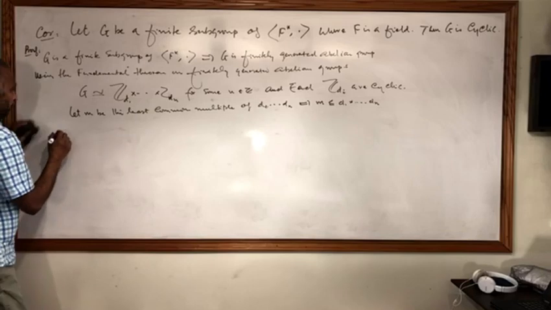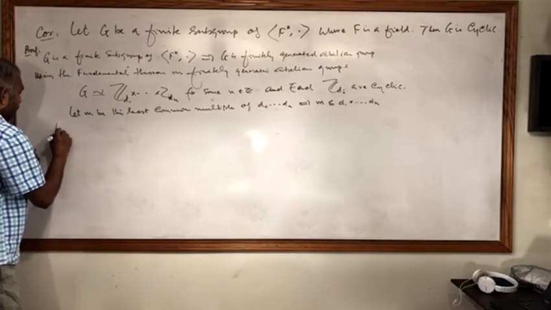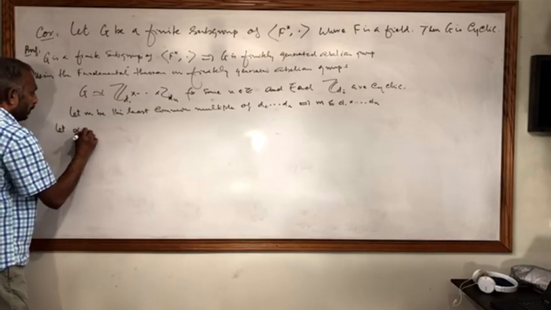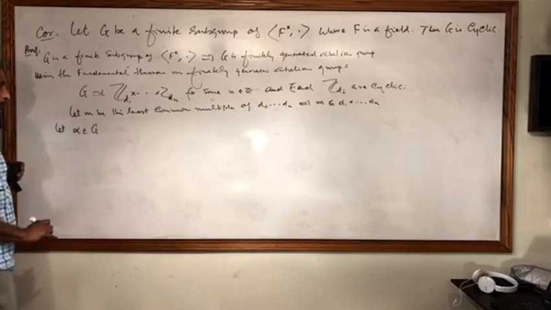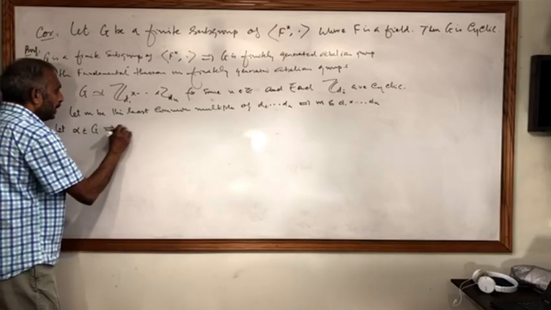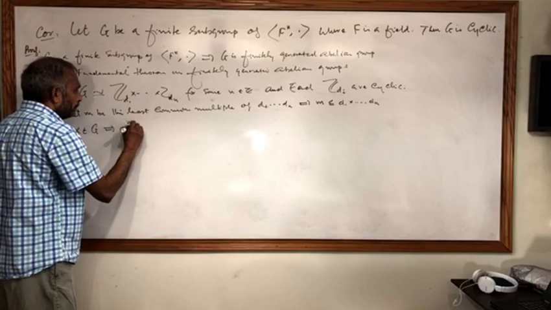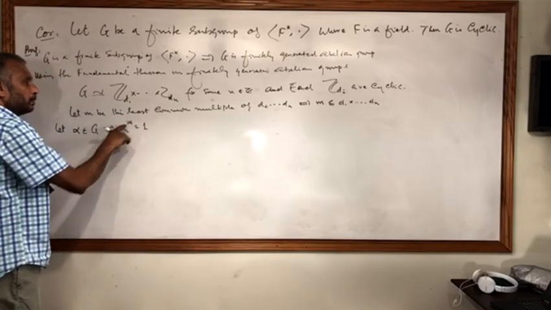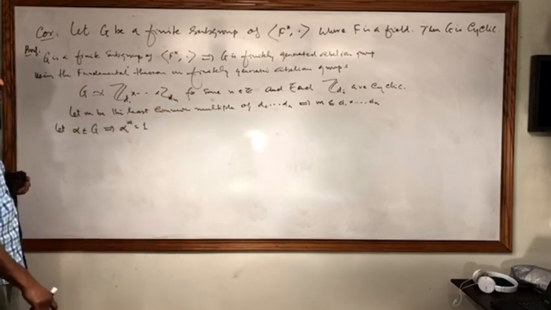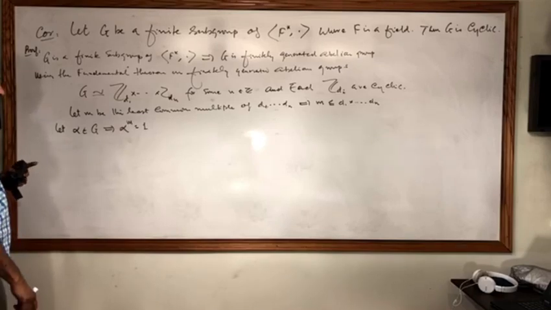Now let alpha belong to G. That implies alpha to the power of m is equal to 1, because m is a multiple of d1, d2, ..., dn.